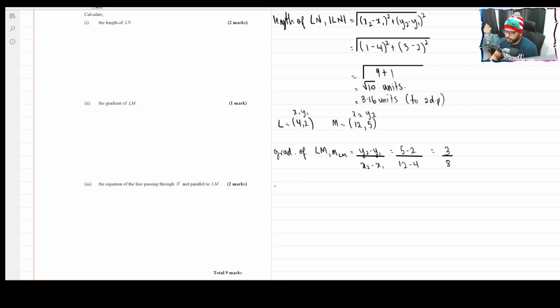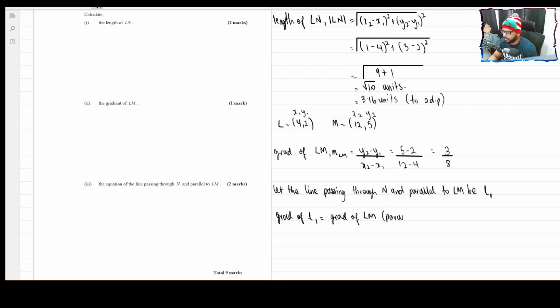So I'll start off my question with, let the line passing through N and parallel to LM be, I will label him L1. I'll name the line L1. Now I can say the gradient of L1 is the gradient of LM, and I'll put in brackets because parallel lines have the same gradient.